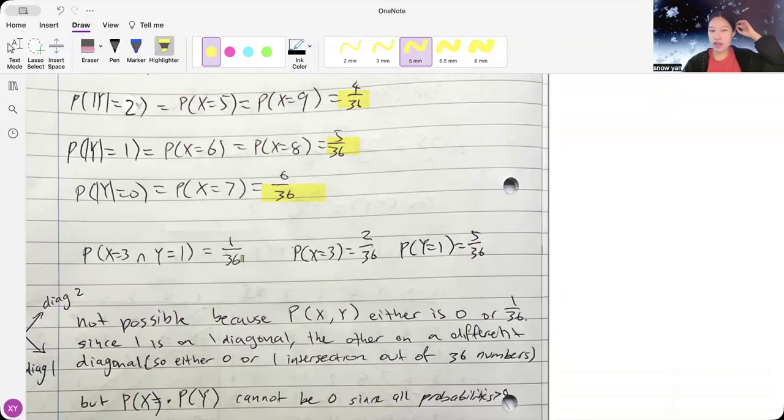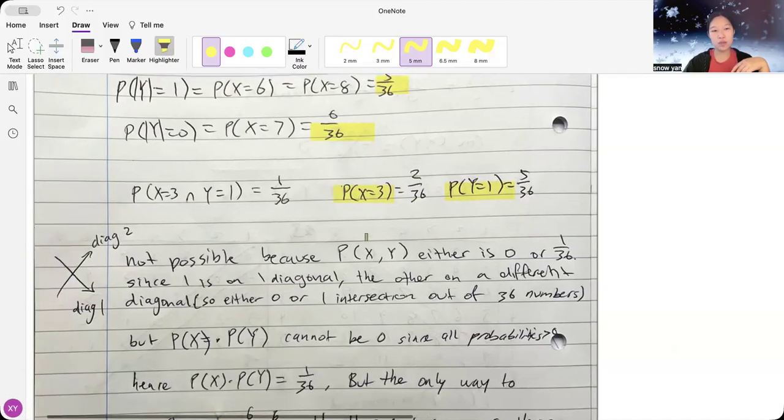But in order to get 1 over 36, my other two probabilities for making it independent would have meant that it has to be something of the form something over 36 times something over 36 is equal to 1 over 36. So then the product of the two things has to be 36 on the numerator to get it to cancel, right?